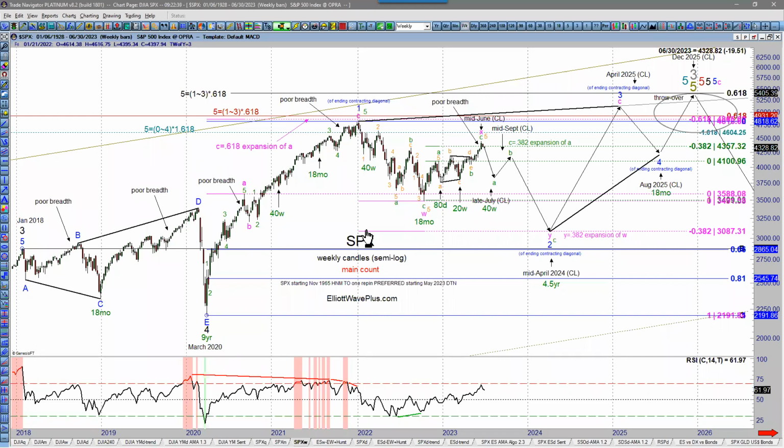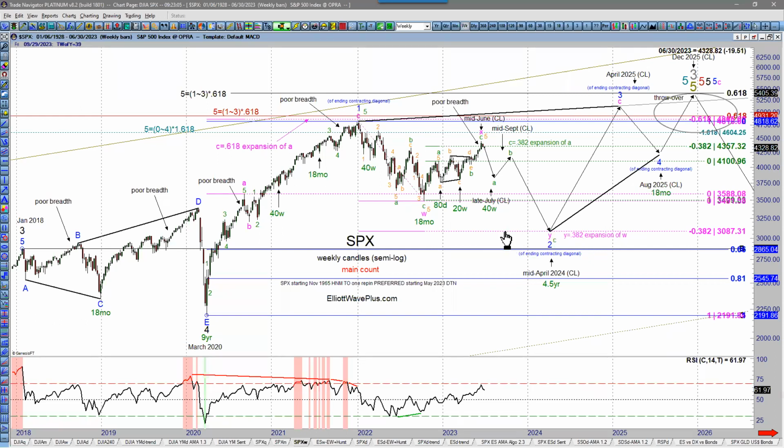For instance, on the S&P, on this initial move down from January through October of last year, if I consider that a distance of 1 and take that times 0.382, then that gives us a Fibonacci expansion target. And I would say a minimal Fibonacci expansion target.